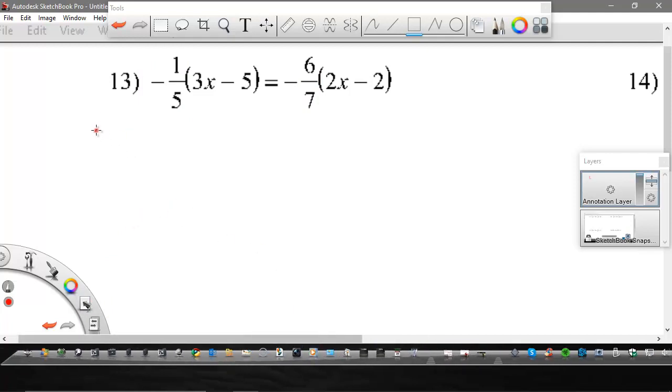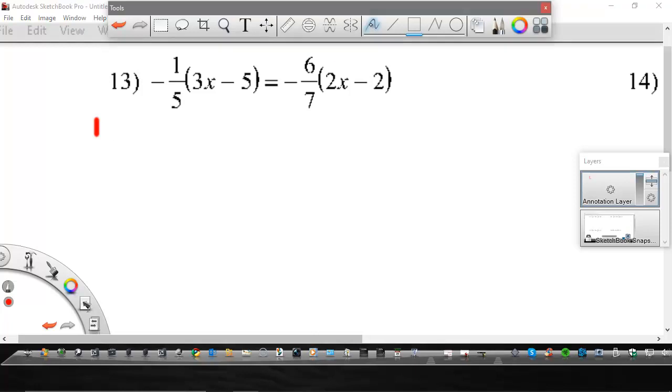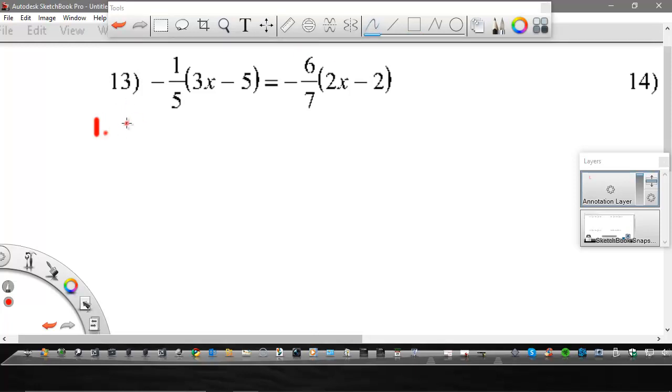So the first step that we have to do is find a common denominator. And we've talked a lot about this in class.